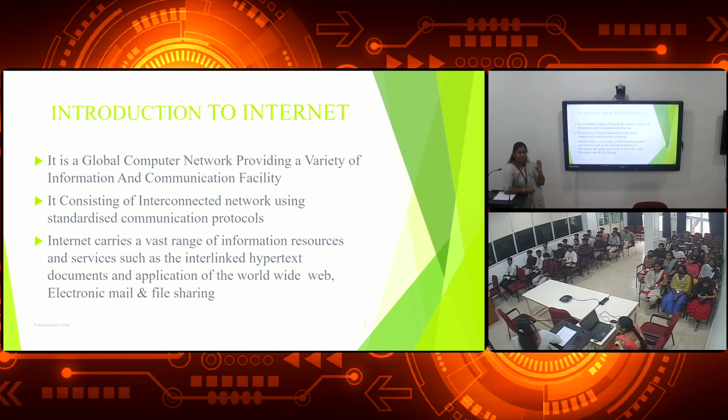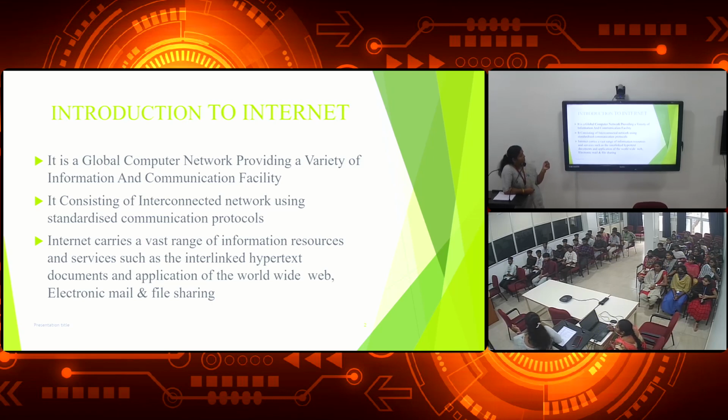So what are those things? The main thing is called protocol, and another one is called network. So here we're going to see about networks. It consists of interconnected networks using standardized communication protocols. The main thing for communication purposes is that we need a network, and the second thing is called protocols, which we can see in the forthcoming slides.